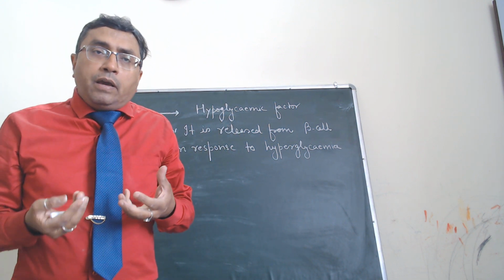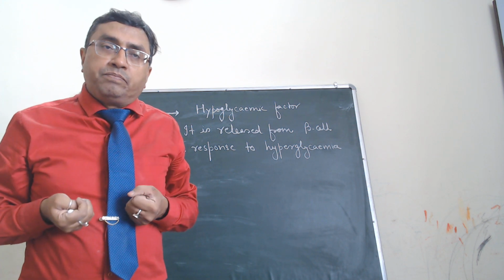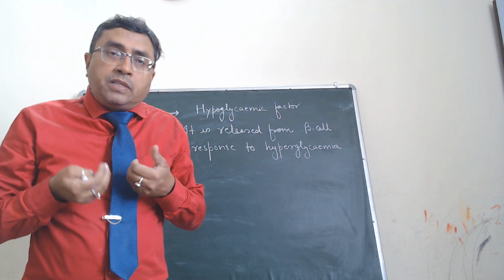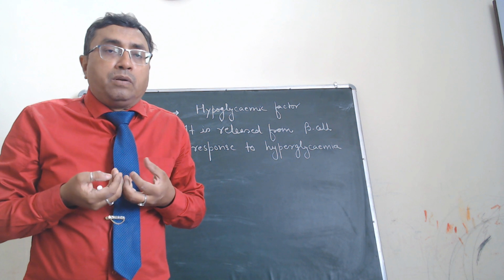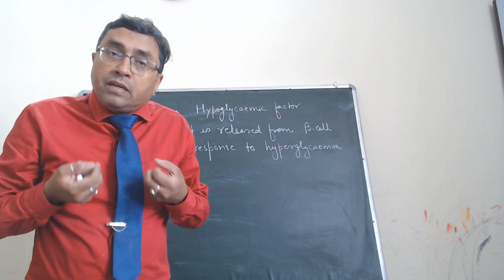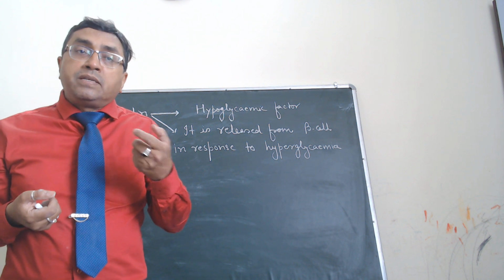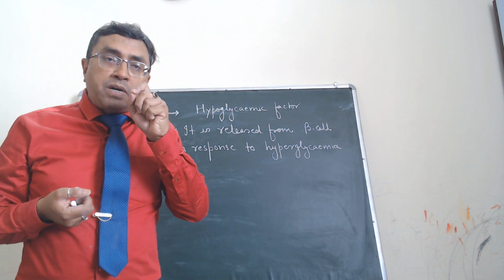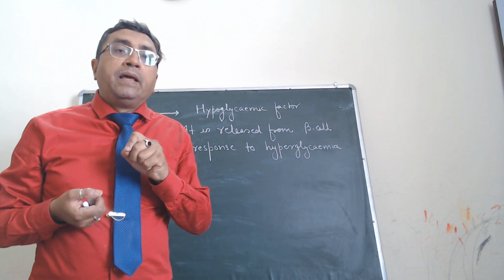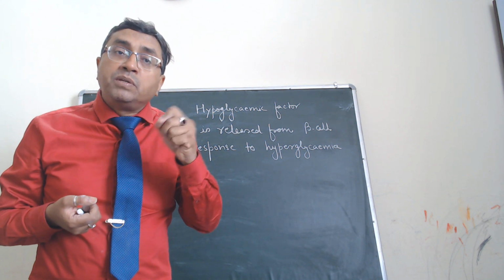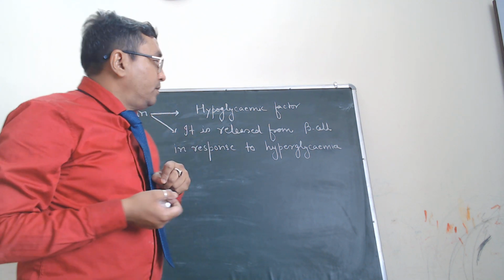It means elevated blood glucose, or in other words, when glucose level increases in our blood, the condition is known as hyperglycemia. Due to this hyperglycemic condition, insulin is secreted from the beta cell.